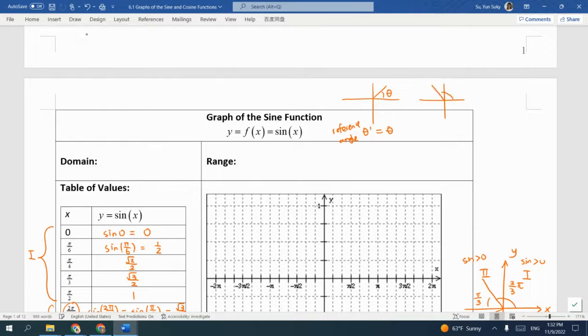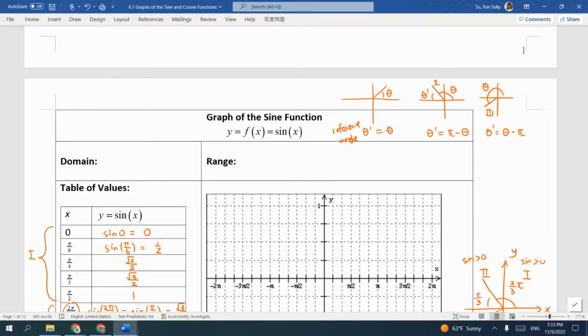If the angle is in the second quadrant, then the reference angle will be pi minus theta. If the angle is in the third quadrant, then the reference angle will be theta minus pi, because your theta is bigger than pi. Right, everybody?